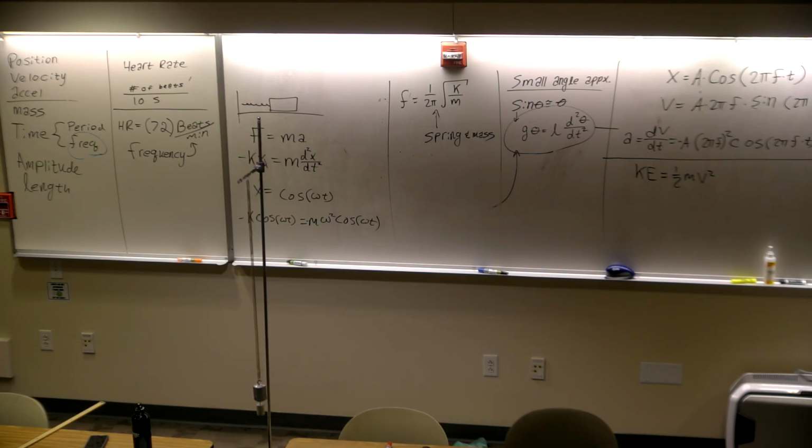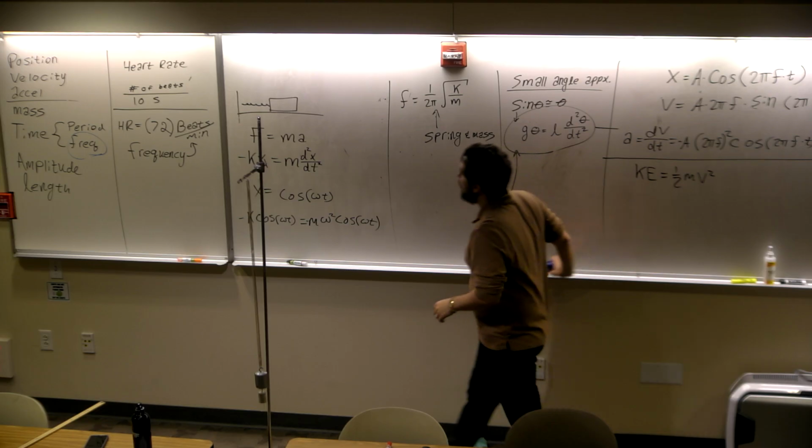Okay, I want to do an experiment here. I want to do an experiment to see how accurate these measurements are. And we're going to specifically look at a pendulum.